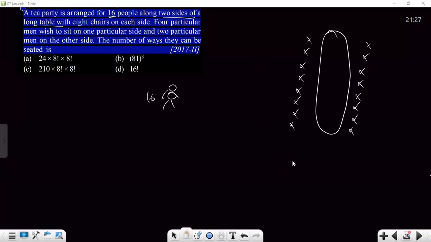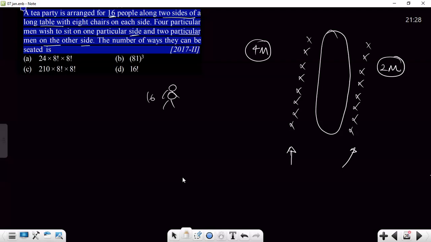While choosing, we can either send them on the left side or the right side. Let's assume first scenario: we are sending the four men here. Two particular men wish to sit on the other side of these two. So naturally these two will be going here.